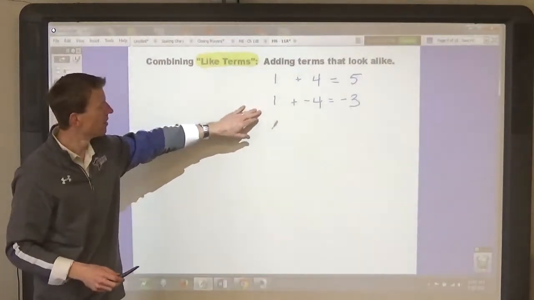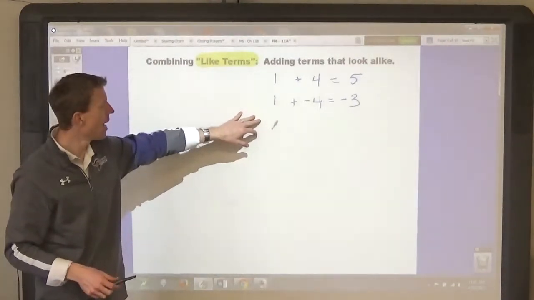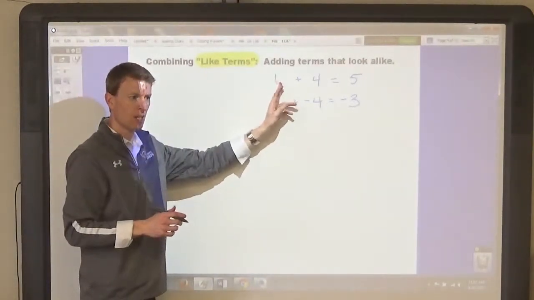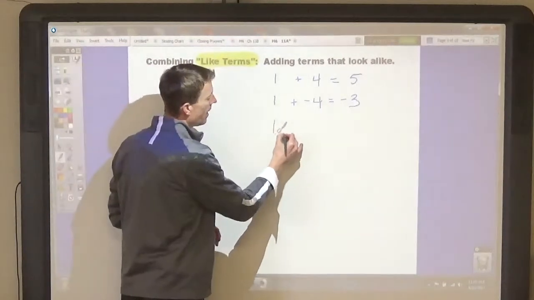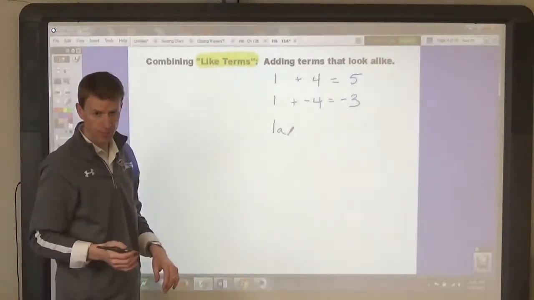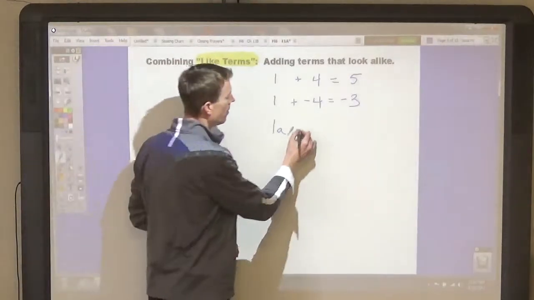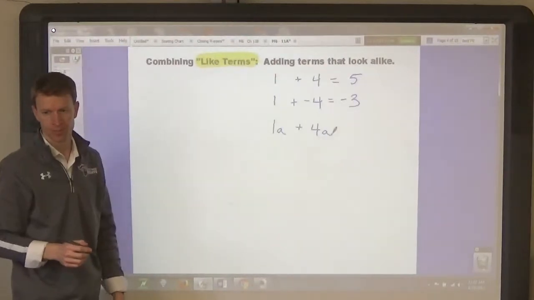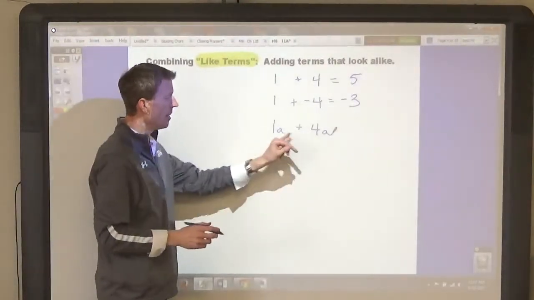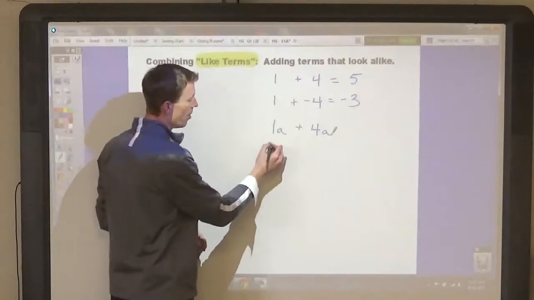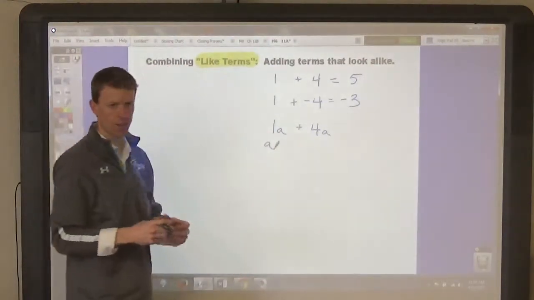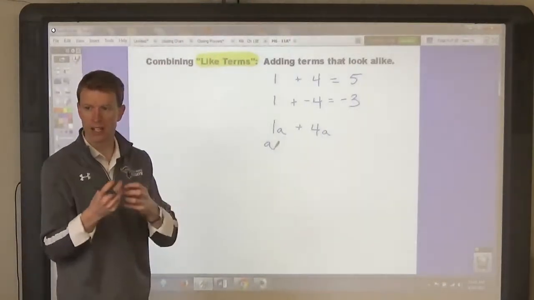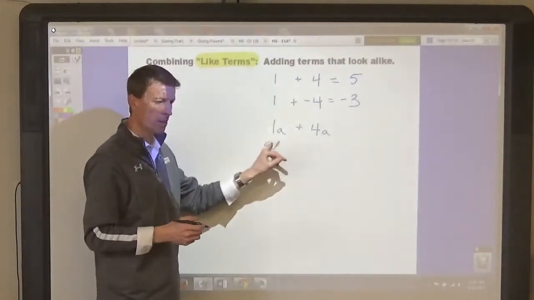So concentrate on this. We're going to talk about adding like terms like this now. What if this wasn't 1, but it was 1a? And 4 a's. Well, these look alike because we're not talking about the number 1, like $1, but we're talking about objects, the number of variables.